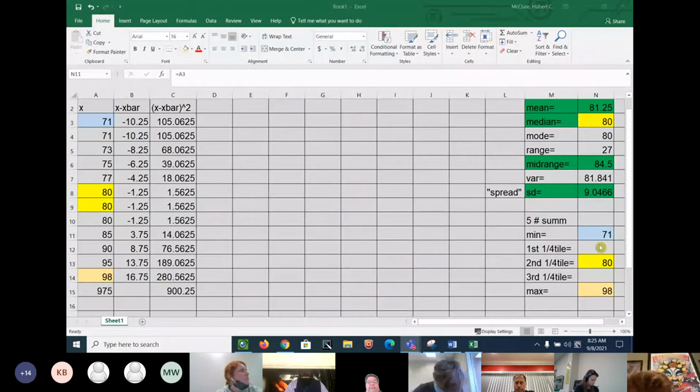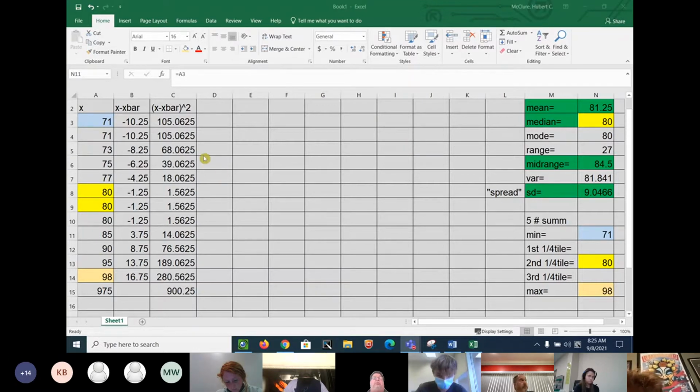All right, now this I want you to listen to, because this is what people get confused about. The first quartile and the third quartile. You got to find the median of these numbers above your median. Now, somebody tell me where the median is in relation to these numbers.